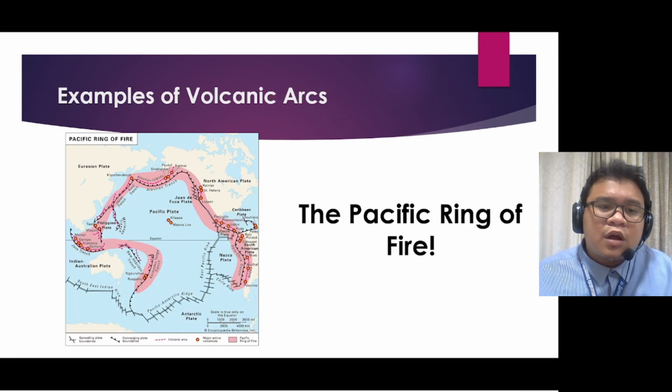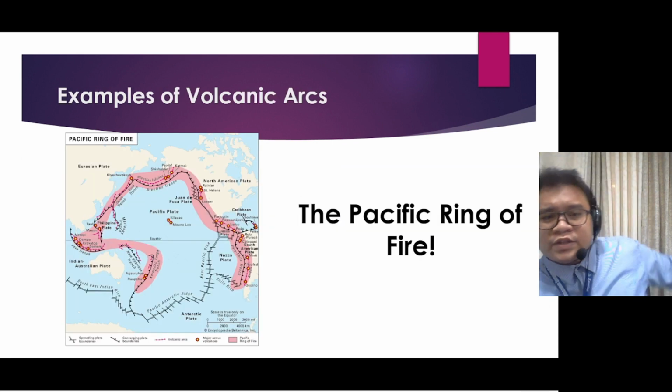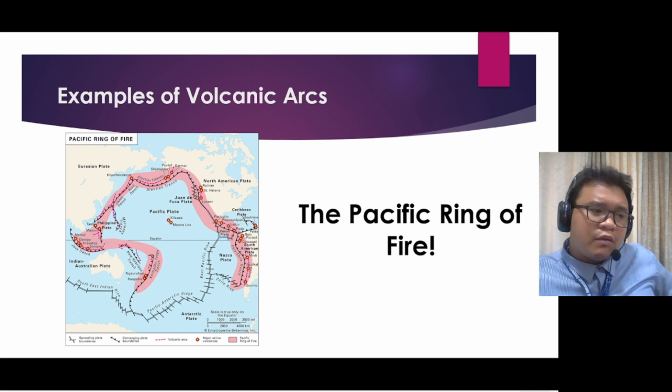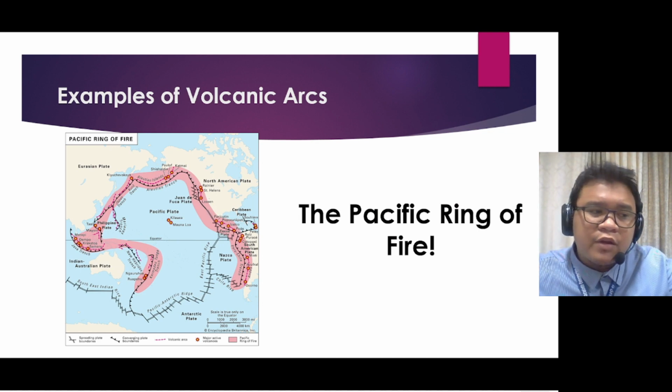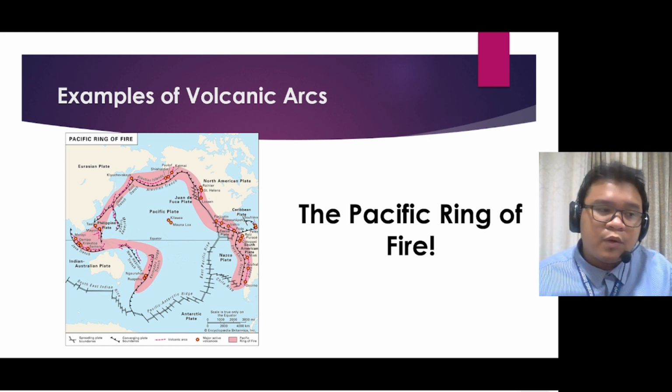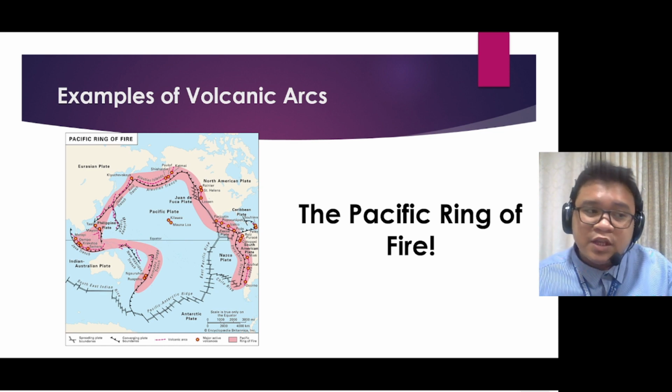Now, a good example of this is, of course, the Pacific Ring of Fire. Why is the Pacific Ring of Fire a good example? Because the Pacific Ring of Fire consists of numerous chains and arcs. Like, for example, the Cascade Range in the northwest of North America, and then we also have the Andes Mountains in South America.